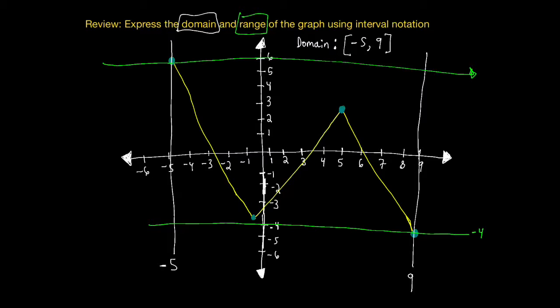So we have 6. So I want to reiterate that here's the bottom, here's the top. So the range is going to be from -4 to +6.